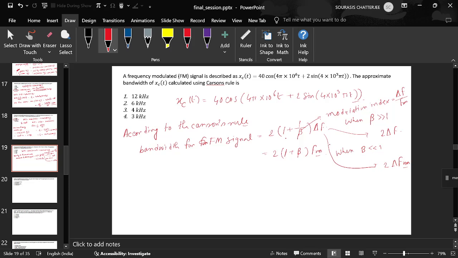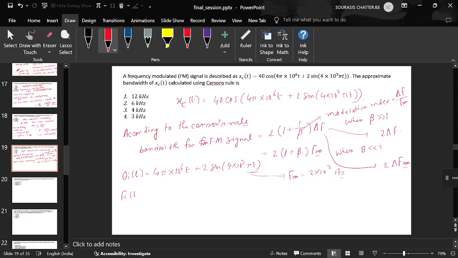So let us see in our case which one of these holds. We have again the instantaneous phase as 4 pi into 10 to the power 6 t plus 2 sine 4 into 10 to the power 3 pi t. So fm, you can see from this expression, is 2 times 10 to the power 3 hertz.